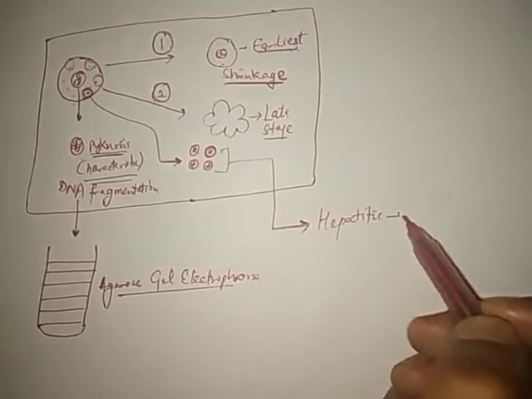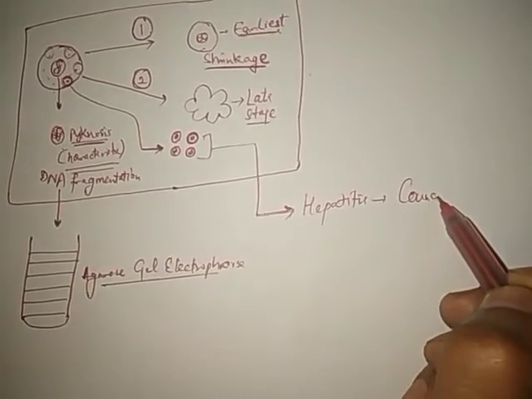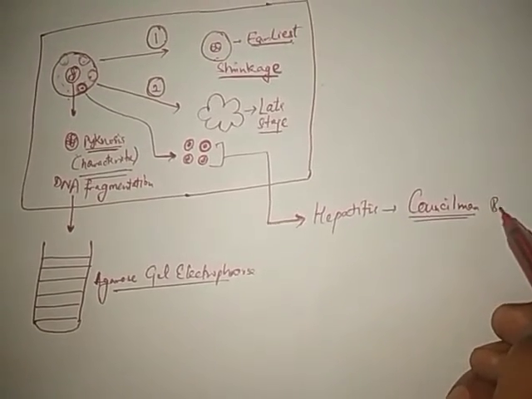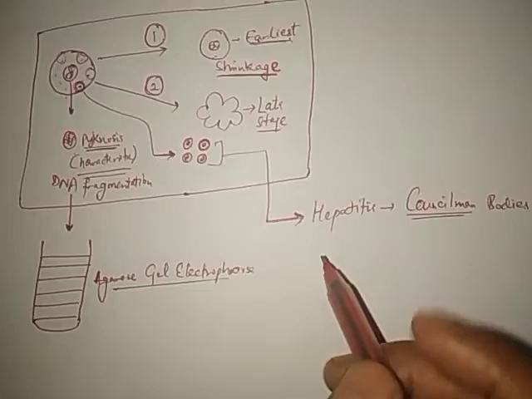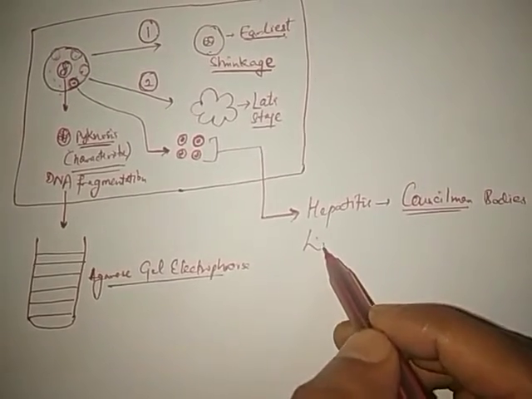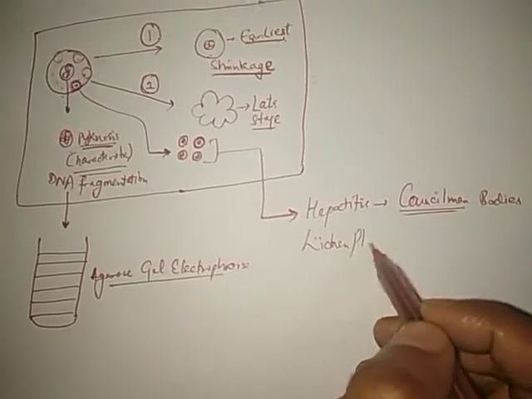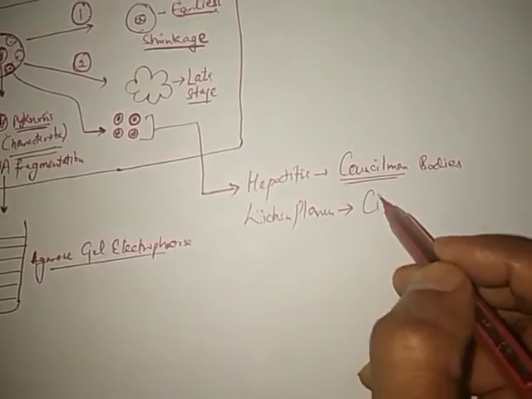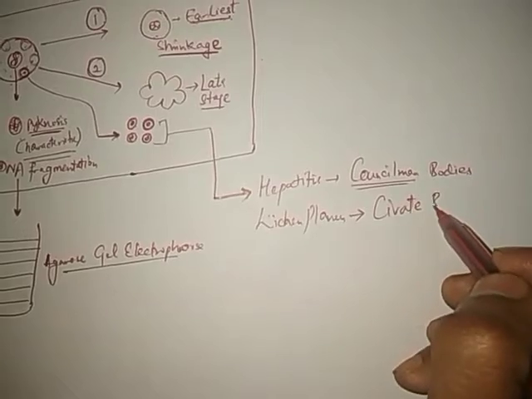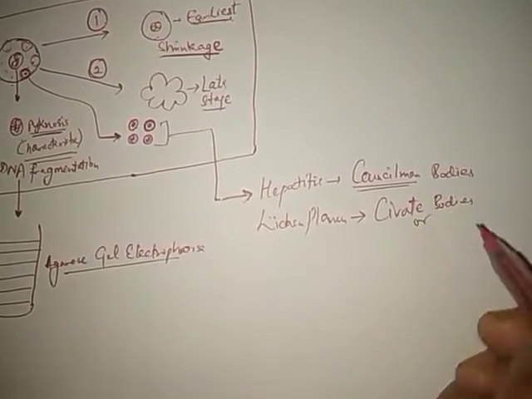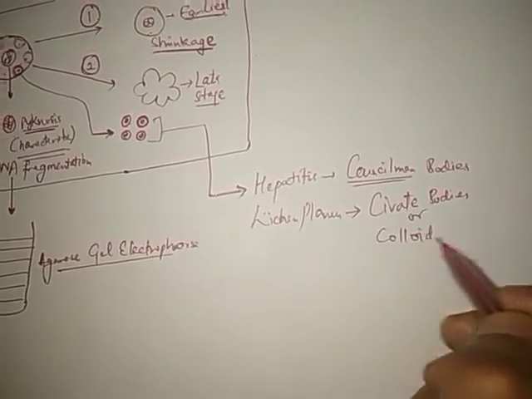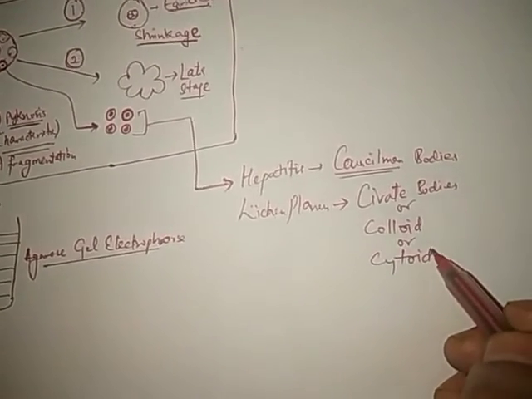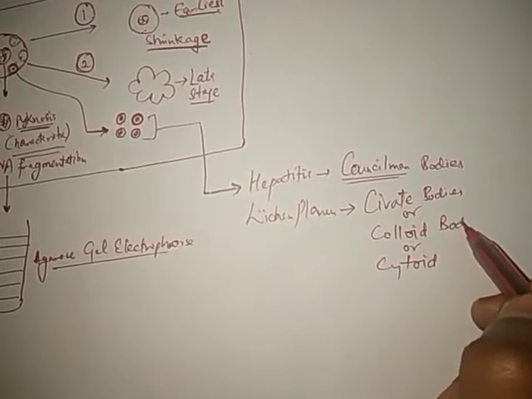hepatitis, we see the apoptotic bodies, Councilman bodies. Then in lichen planus, we see the Civatte bodies, which are apoptotic bodies, also called colloid bodies, also called cytoid bodies.